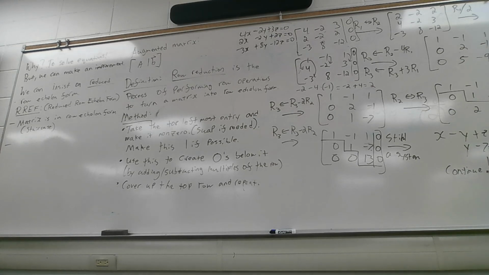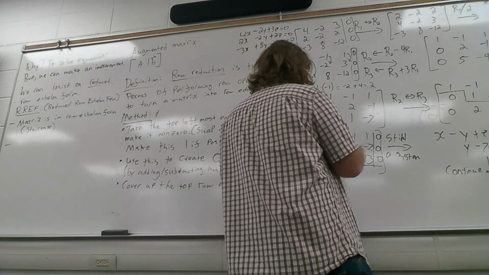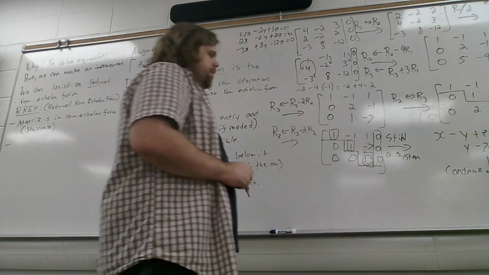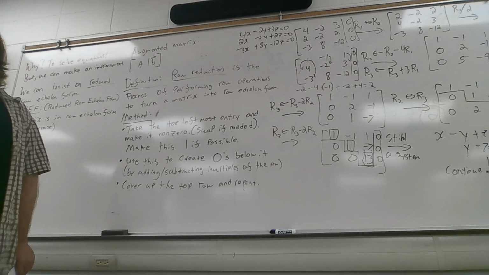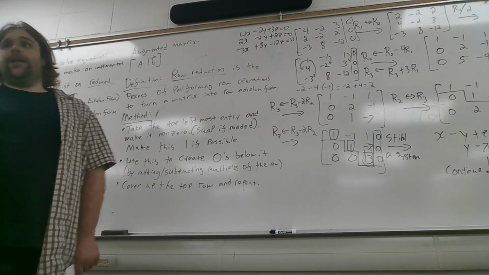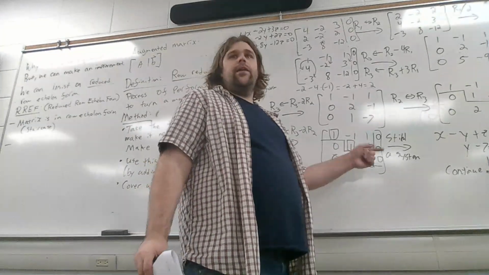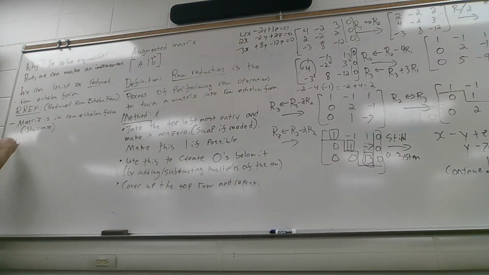The next thing we need to do is these leading entries, as we call them, the leftmost non-zero things, have to be 1 now. Right here, I said I don't care what the number is. 13 is fine. Now I'm saying no, they have to be 1.